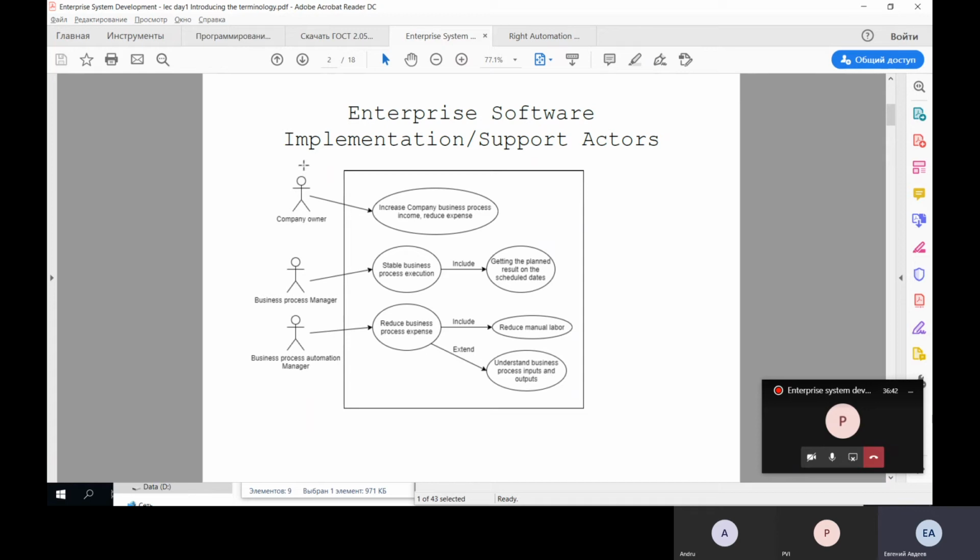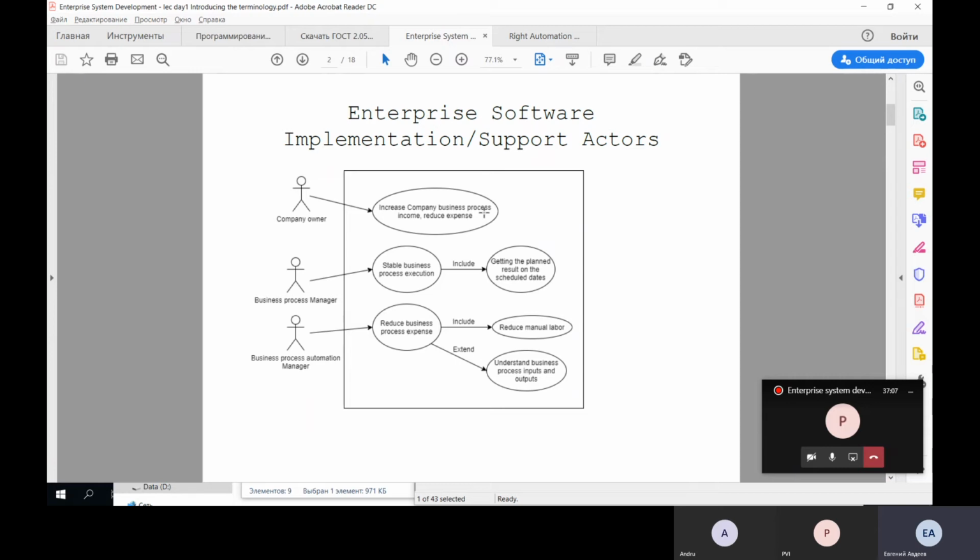So we have the company owner, and his main activity is to increase company business process income and reduce expenses. Of course, he can have lots of different activities, but in our situation his main activity is to increase income and reduce expenses of the whole company business process.